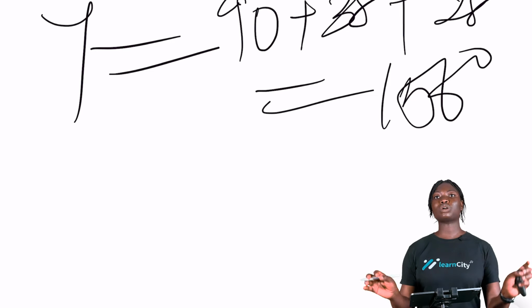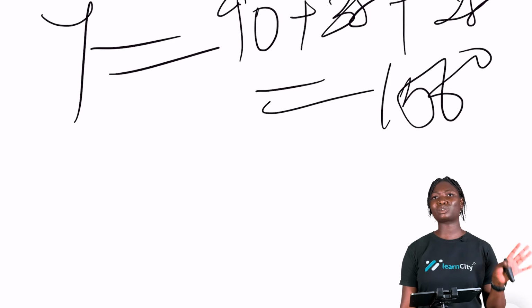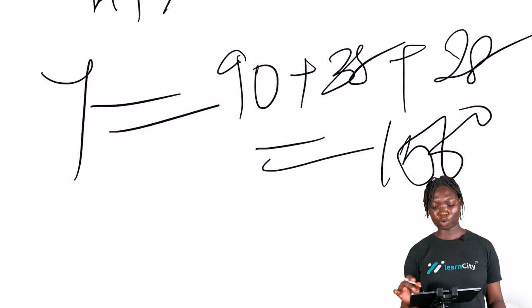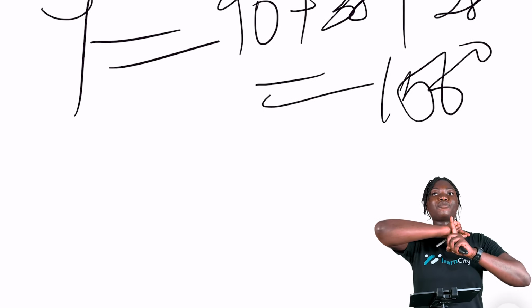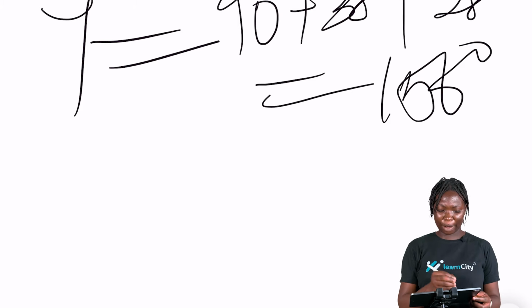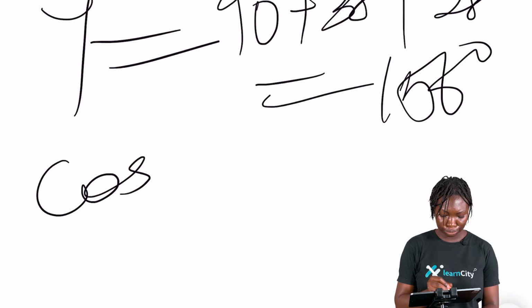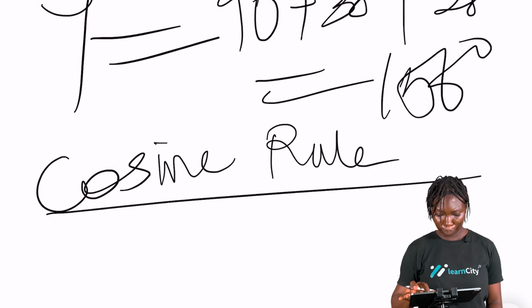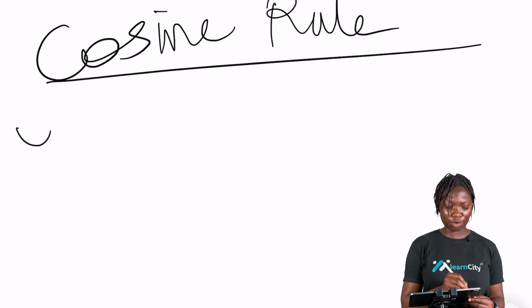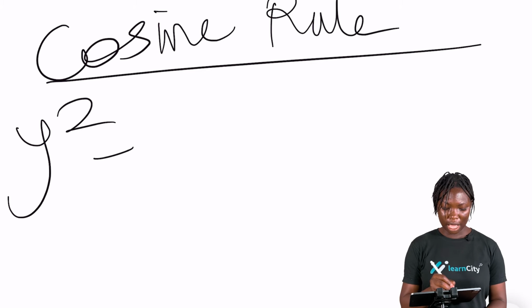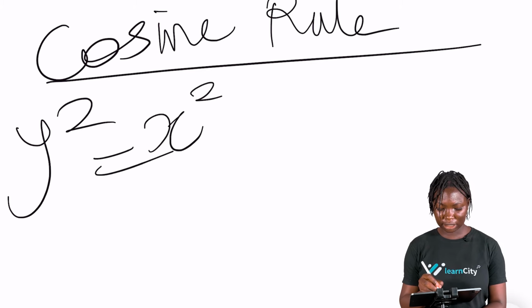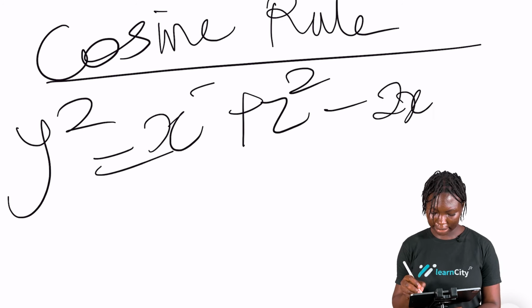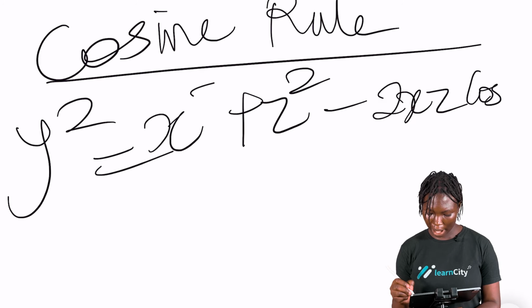Now, to find the length of y, we use the cosine rule. Using cosine, y squared will be x squared plus z squared minus 2xz cos y.